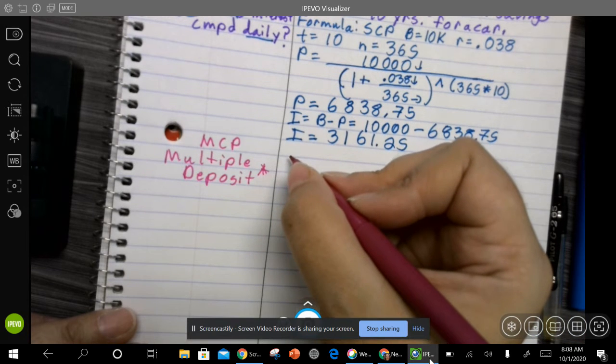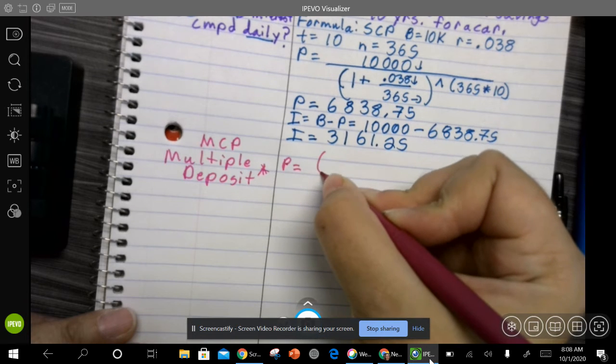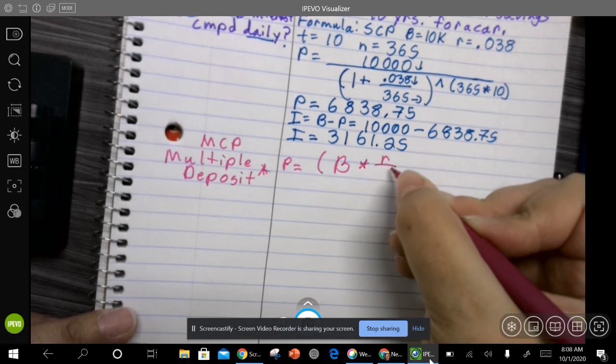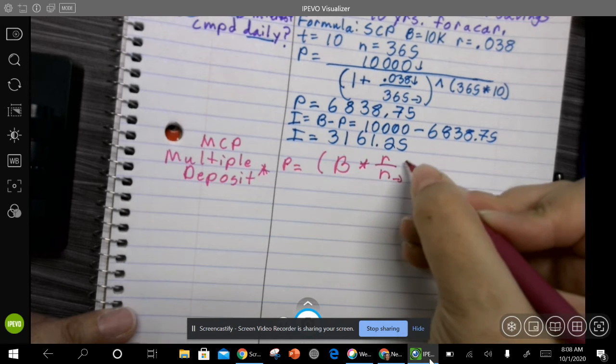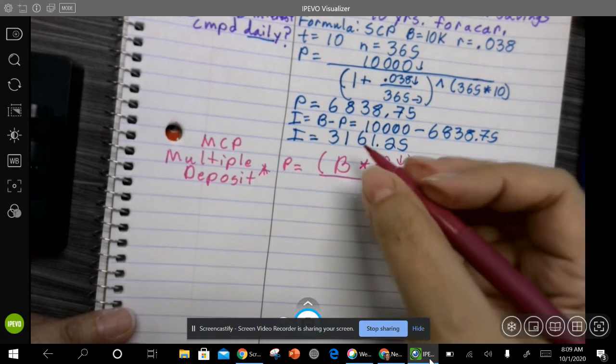Okay, so it's going to be principal is equal to the balance times the rate divided by n. I'm going to scroll left, scroll down. It just kind of depends on everybody what you're using.